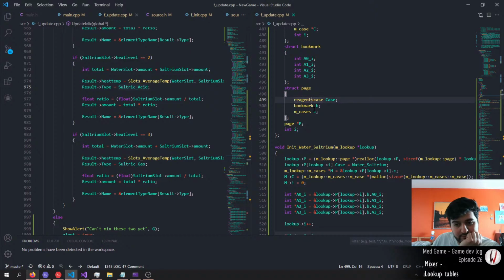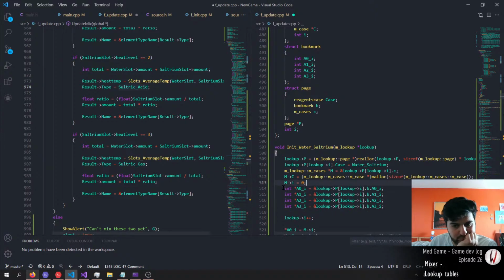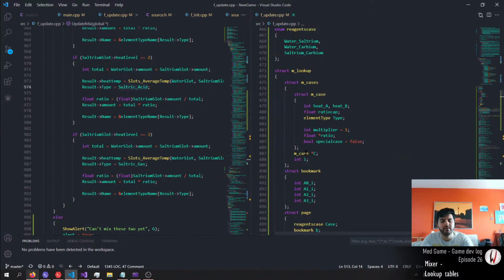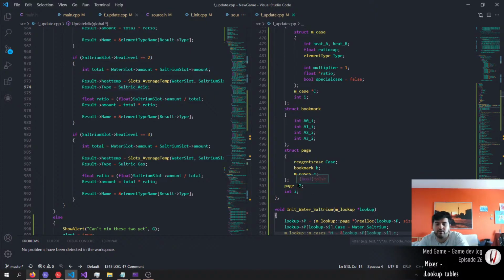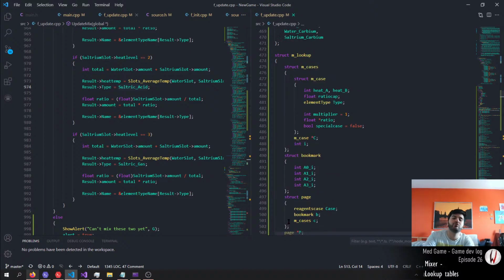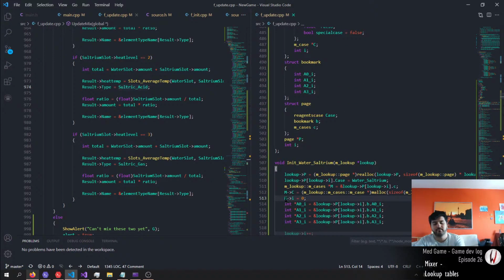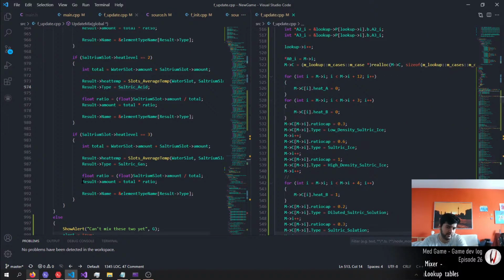You assigned a case, you assigned a cases, and you assigned a bookmarks. And here you set I to 0. And every time you add another page, which will have reagent cases. Yep.